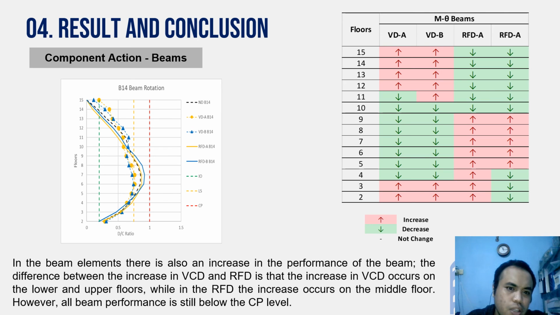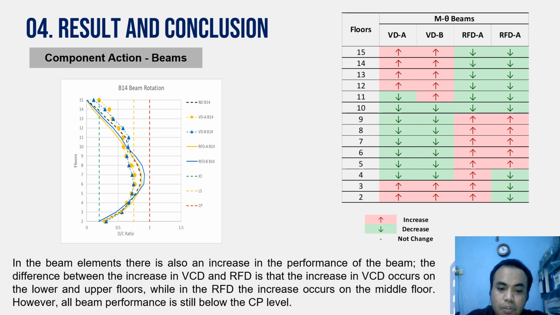The next component is beams. In the beam element, there is also an increase in the performance of the beam. The difference between the increase in the viscoelastic damper and rotational friction damper model is that the increase in VCD occurs on the lower and upper floors, while in the RFD, the increase occurs on the middle floors.